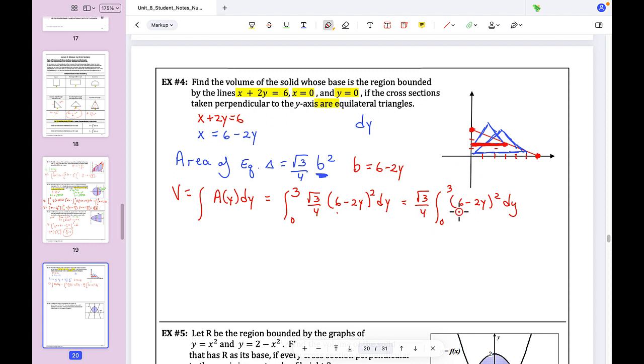I'm going to go ahead and expand that. So that'll be the square root of 3 over 4 times the integral from 0 to 3 of 36 - 12y - 12y, so that'll be minus 24y, plus 4y squared dy.